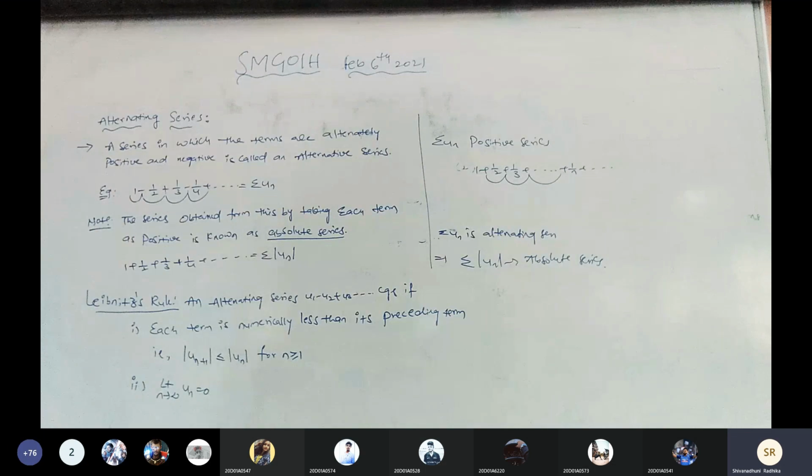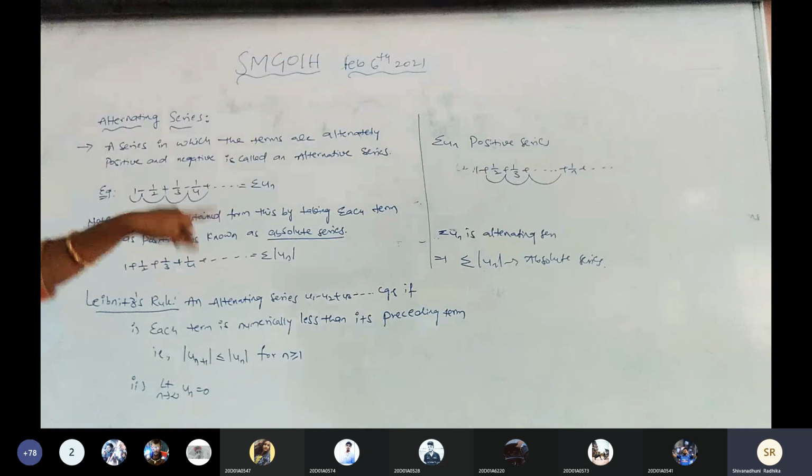Those tests are for finding whether the given series is convergent, divergent, or the test fails. Just we are finding the result of the given series: either convergent or divergent or the test fails. If the test fails, then we go for Raabe's test, and the remaining methods, comparison test or D'Alembert test.